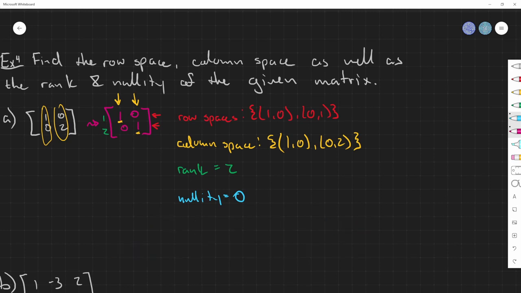And we go back to the theorem, the rank plus the nullity is going to give you the number of columns, which indeed it does here, because we have 2 plus 0, which is 2, which is equal to the number of columns. We have 1 column, 2 columns. And this is going to be holding true throughout these examples. So we're just going to go ahead and move on to the next one.